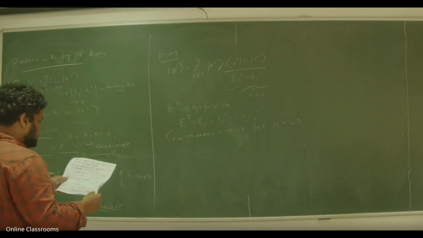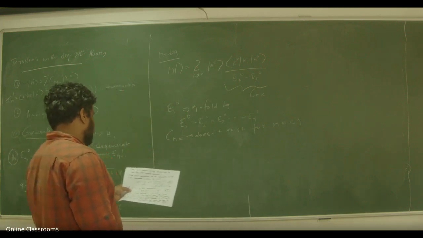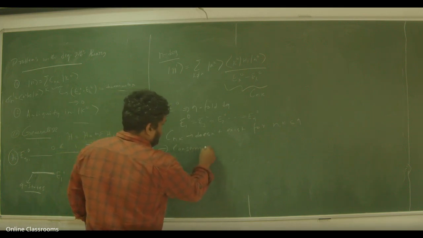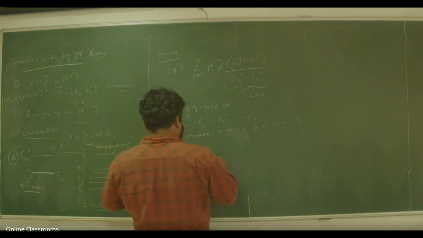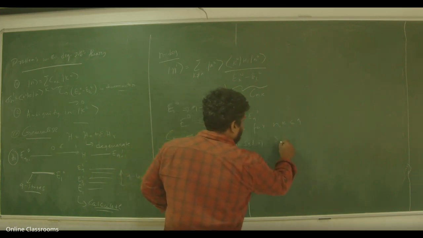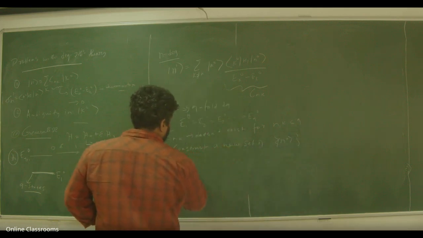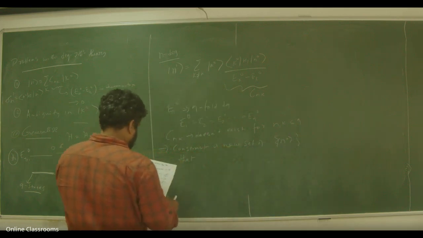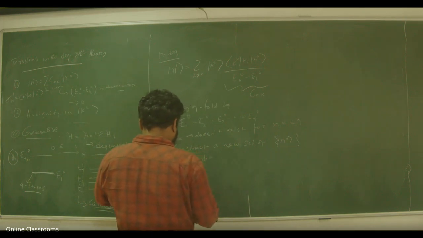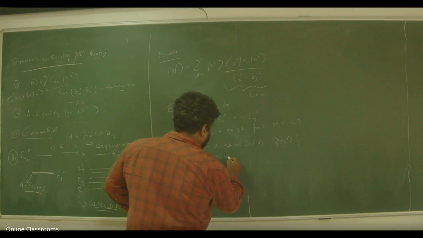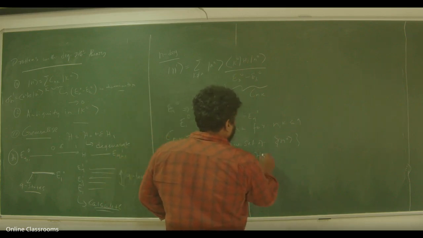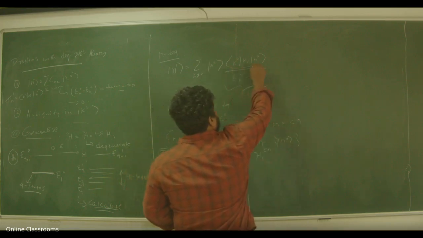Okay. So what do I want? Our goal is to construct a new set of basis functions, a new set of n naught, that diagonalize H1 Kn, this matrix. Okay.